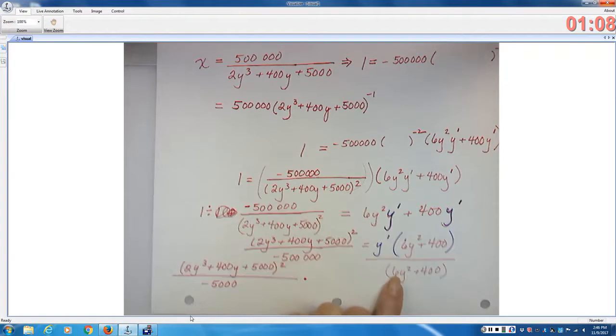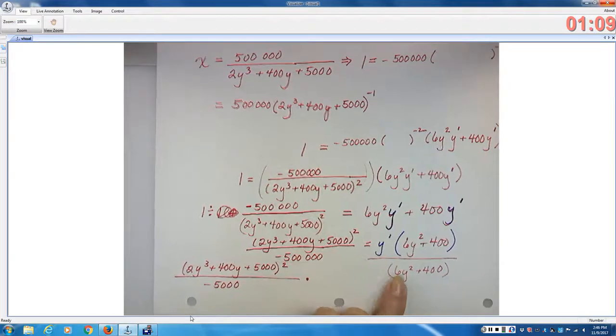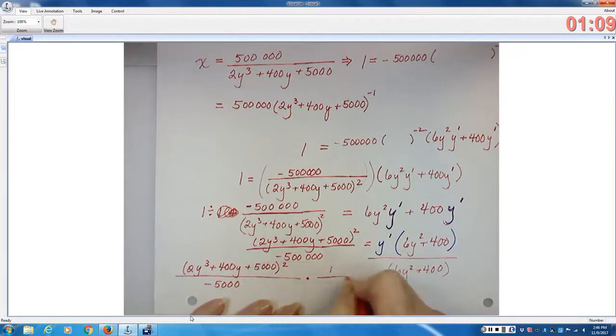And rather than divide by it, I'm going to multiply by 1 over that, because that's easier to keep up with.